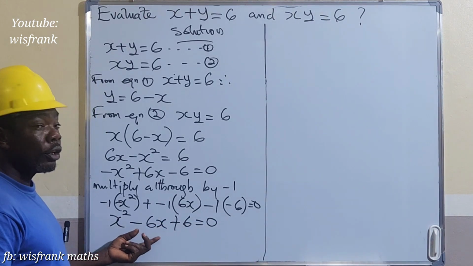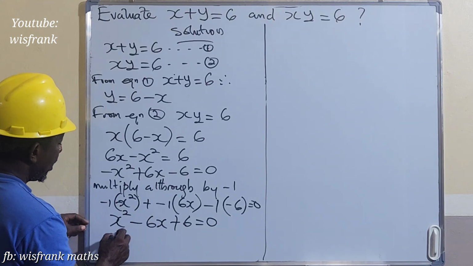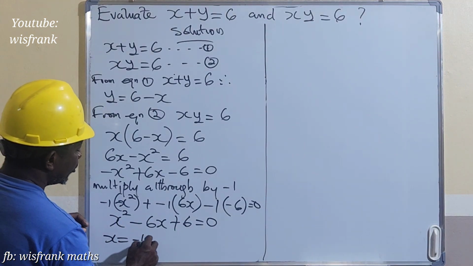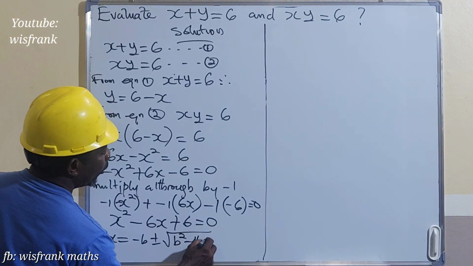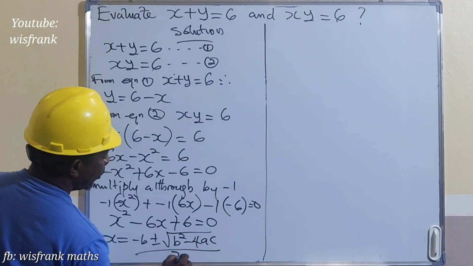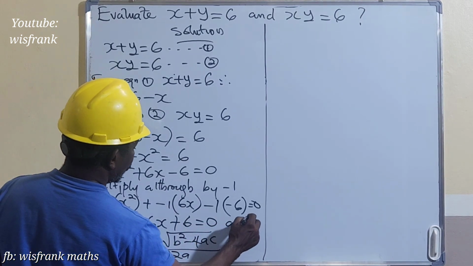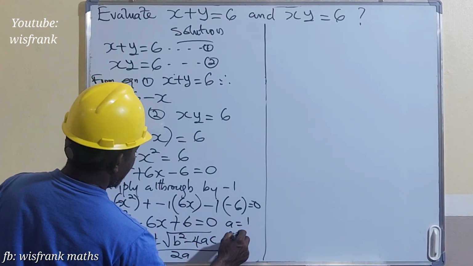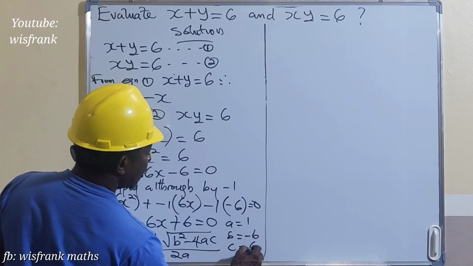And here, we are going to use the quadratic formula to find the value of x. So here we have x equals minus b plus or minus square root of b squared minus 4ac, all over 2a. In this case, our value of a equals 1, the value of b equals minus 6, and the value of c equals 6.